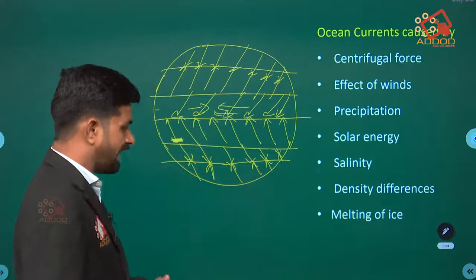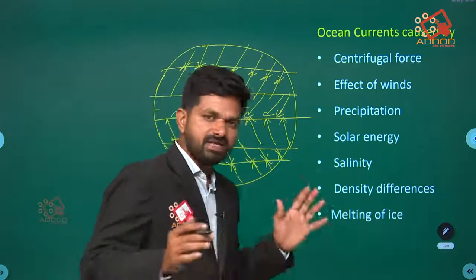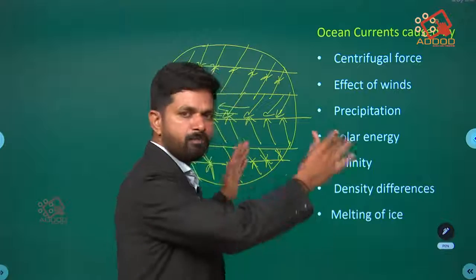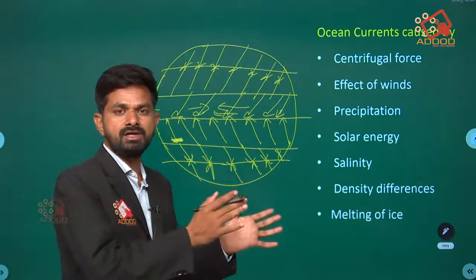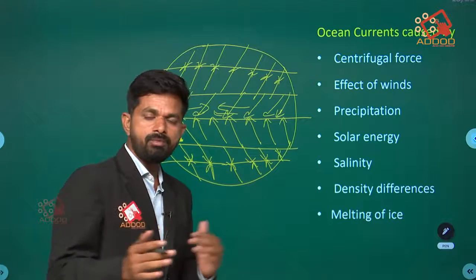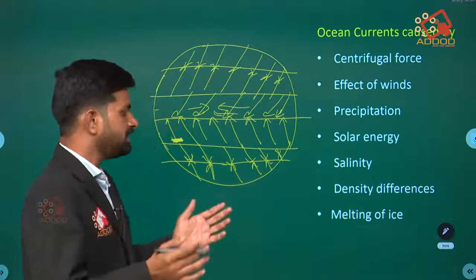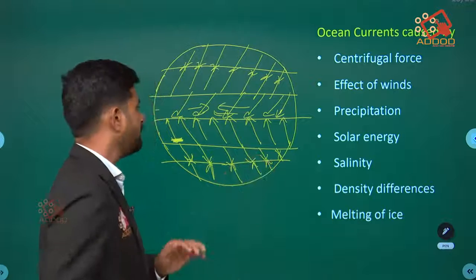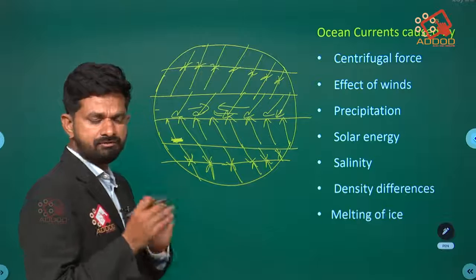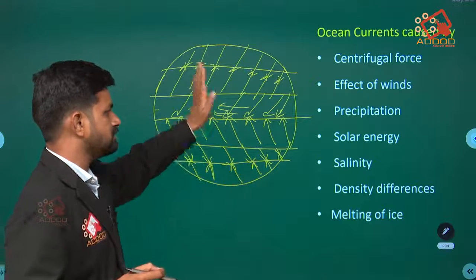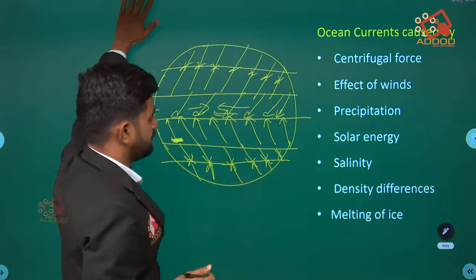These winds will not have the capacity to entirely push all this water, but they will add speed if there is already some movement of water. And if there is no movement, minute changes will definitely be caused because of these trade winds or planetary winds.